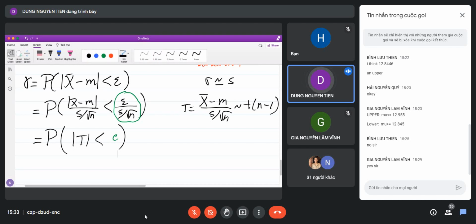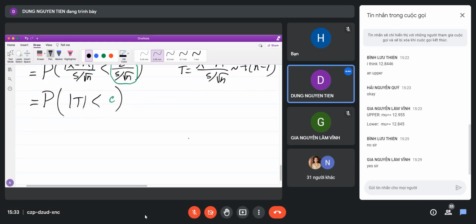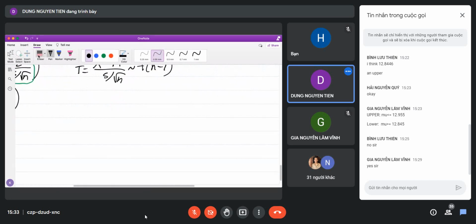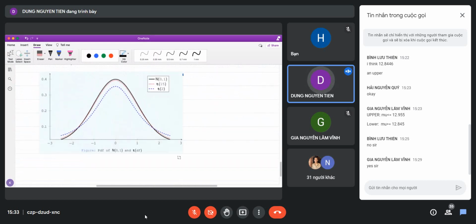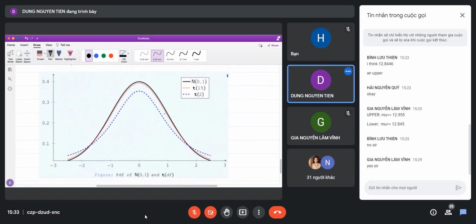So now we want to talk about the t distribution. What is that? This is the graph of the student distribution and the standard normal distribution.